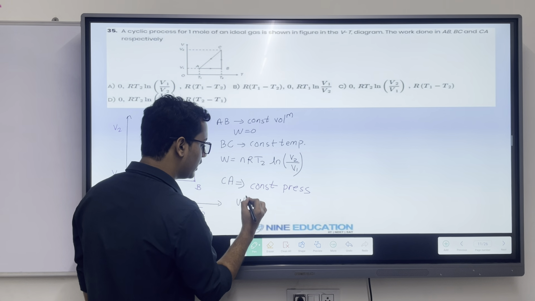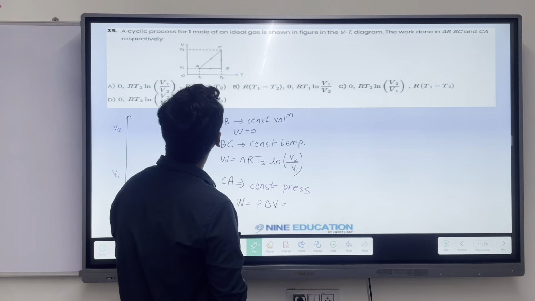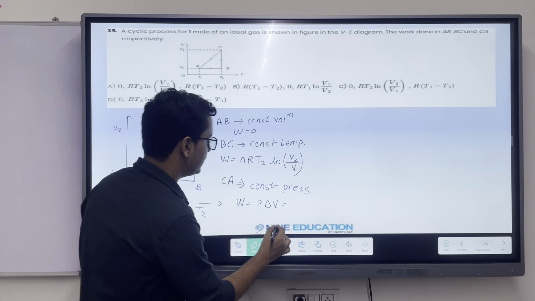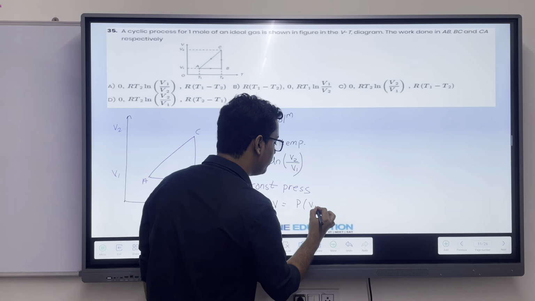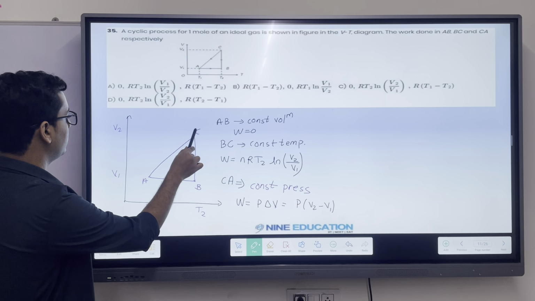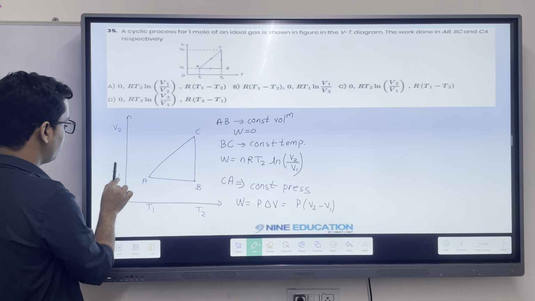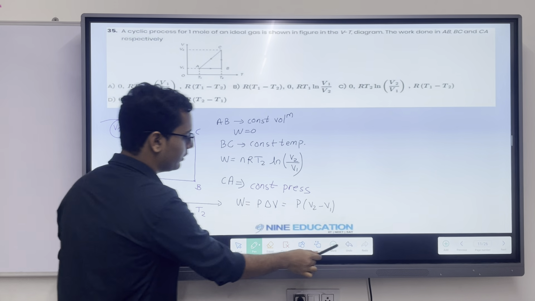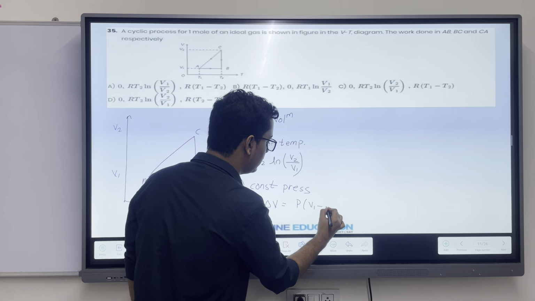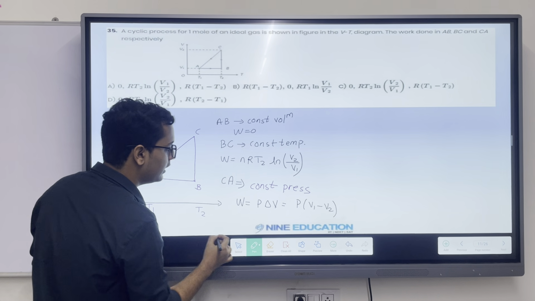So work done in an isobaric process is P delta V. What is the pressure P? This is nothing but P into V2 minus V1. Sorry, what is the final volume? The process is CA, so final volume is V1, initial volume is V2. So P into V1 minus V2, final volume minus initial volume.